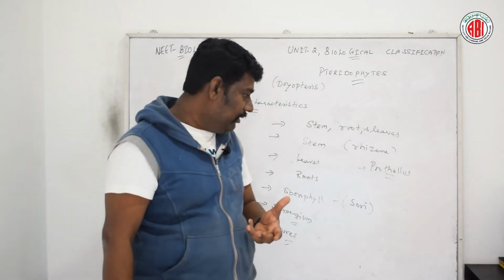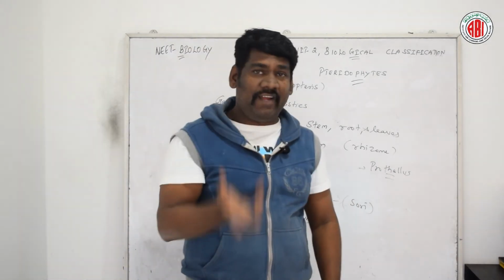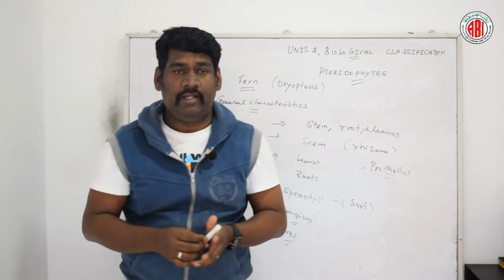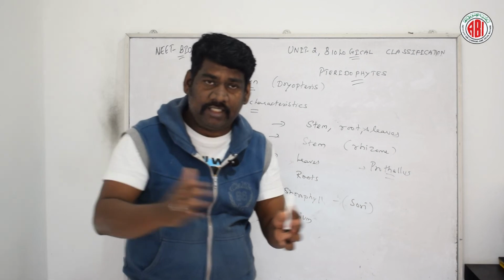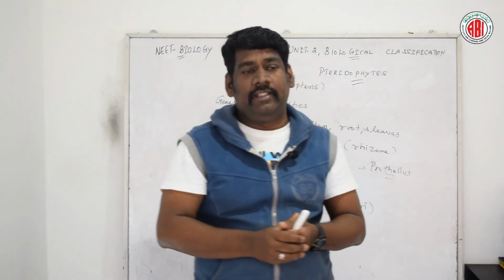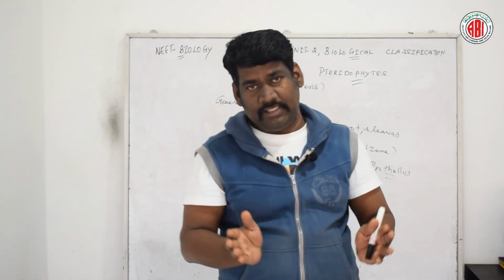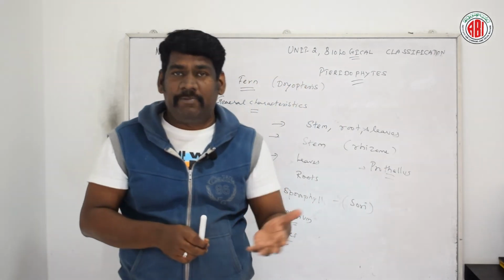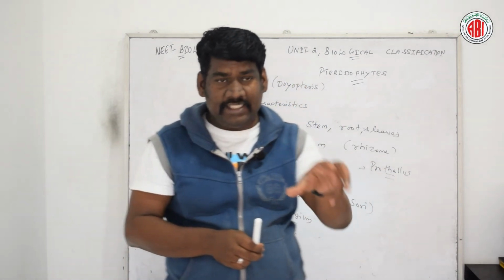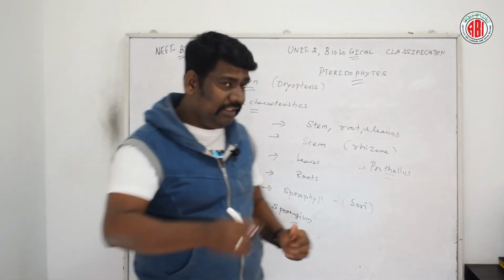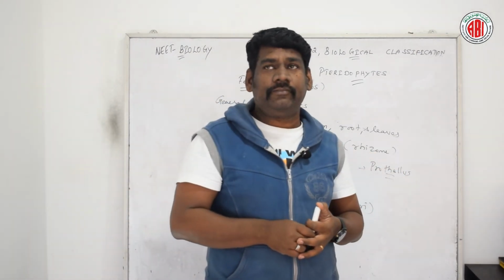Now let us talk about antheridium. The antheridia are very small and spherical or sometimes oval in shape, and the wall is made up of 4 different cells. The wall contains a cap cell, 2 ring cells and a basal cell. This is about the antheridium.